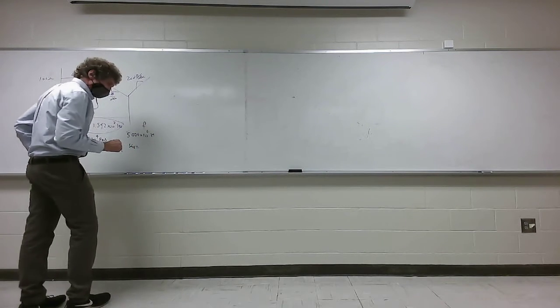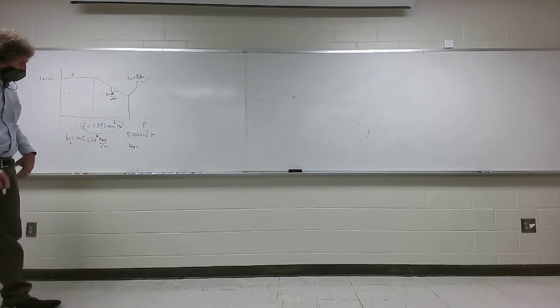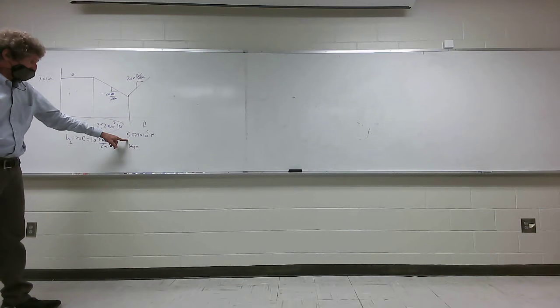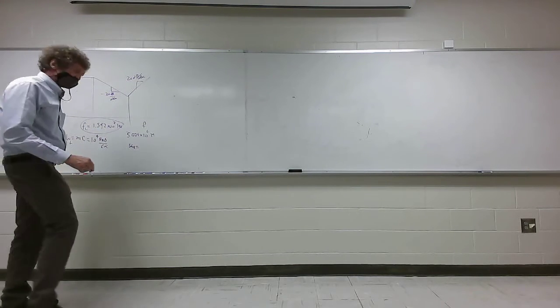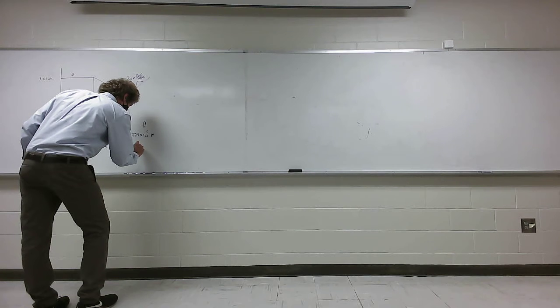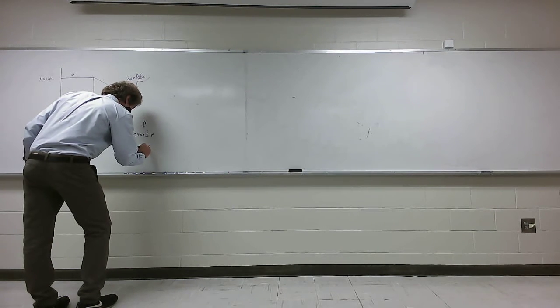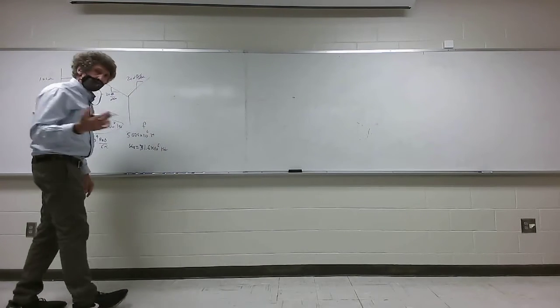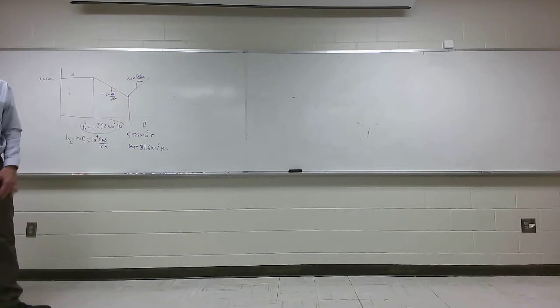Well, this is 5 times 10 to the 6, so times 2 would be really 10 to the 7th, 10 times 10 to the 6th, or 10 to the 7th times pi. So about 31.6. Yeah, I'm just calling it rough.